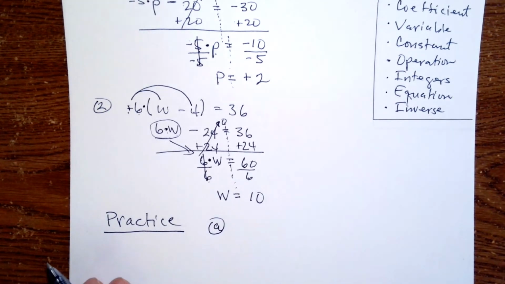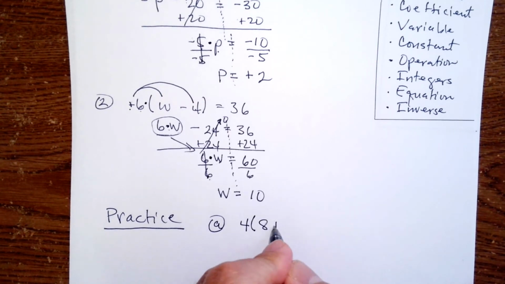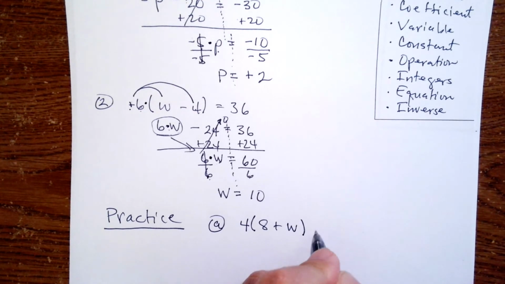The first one, let's make it 4 times the quantity A plus W is equal to 44.